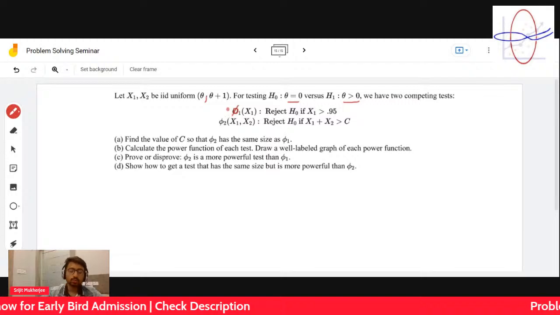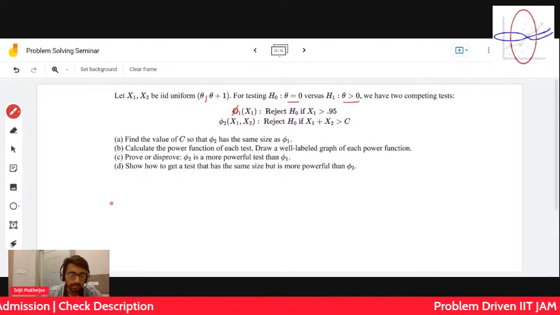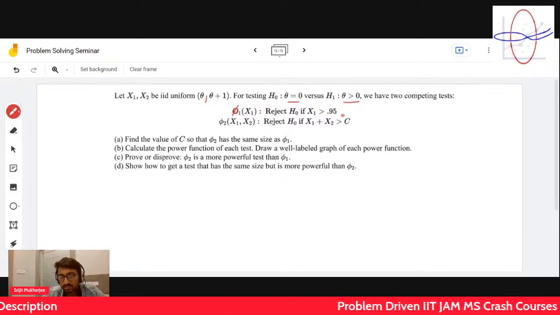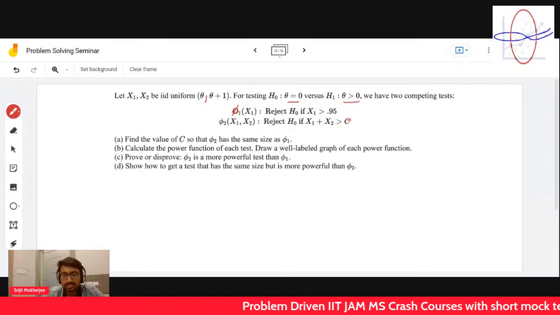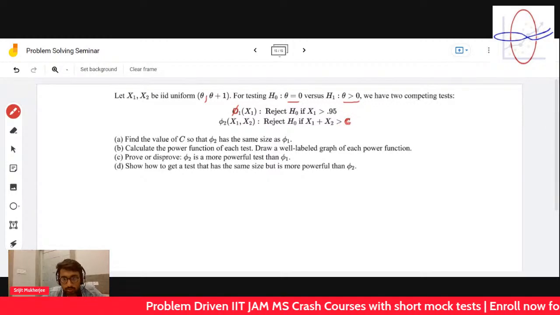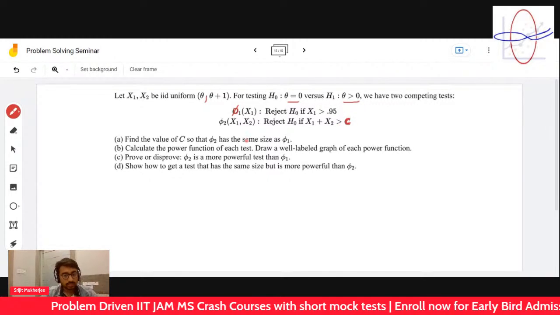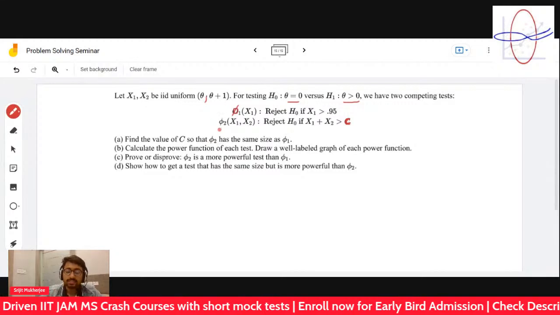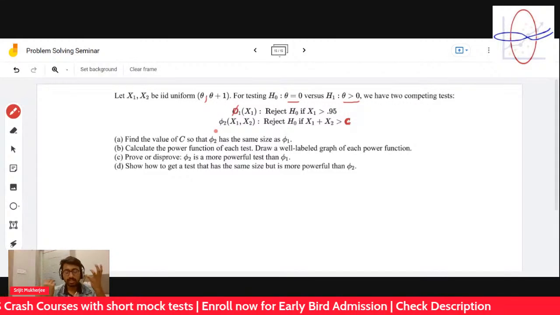This is phi 1. The rejection region for one is reject h naught if x1 is greater than 0.95, and for the other, x1 plus x2 greater than c, where c is not known. Find the value of c.